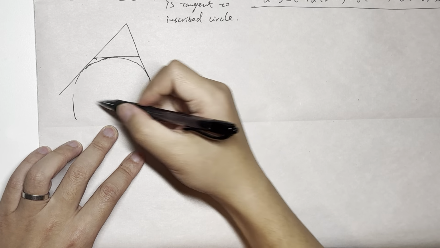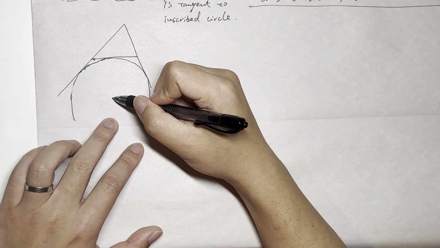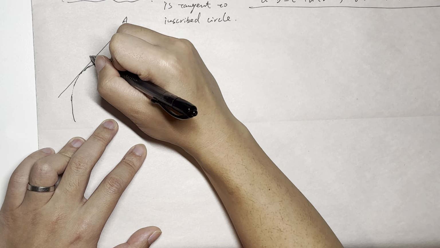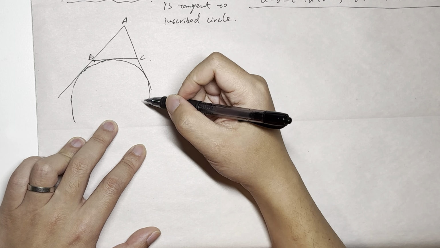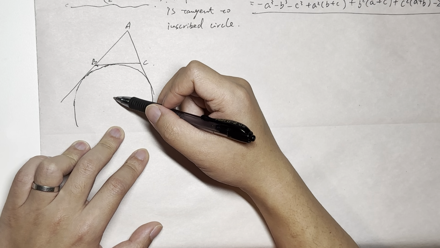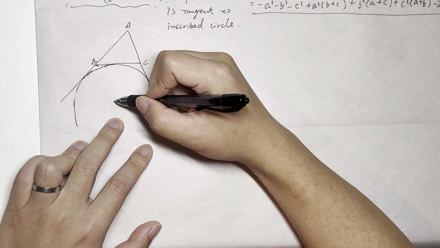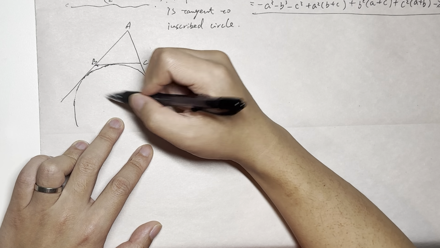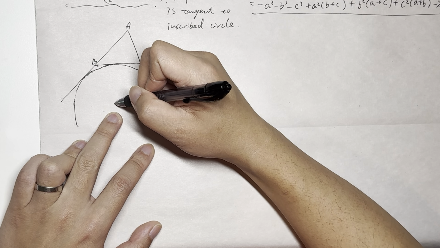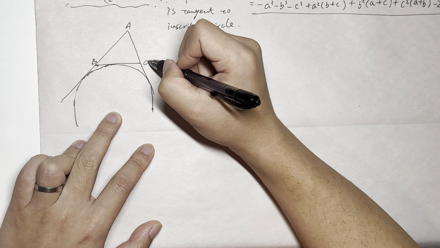How do we find the center of the side tangent circle? We have A, B, C here. We want to find the center of the side tangent circle. We find the angle bisector, because the distance from the center to AB, to AC, to BC would be the same, right?